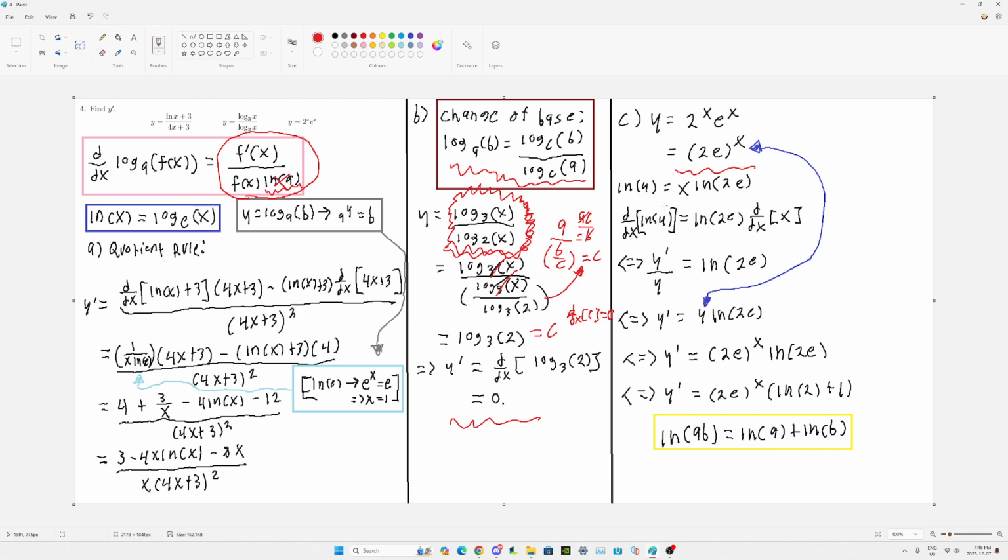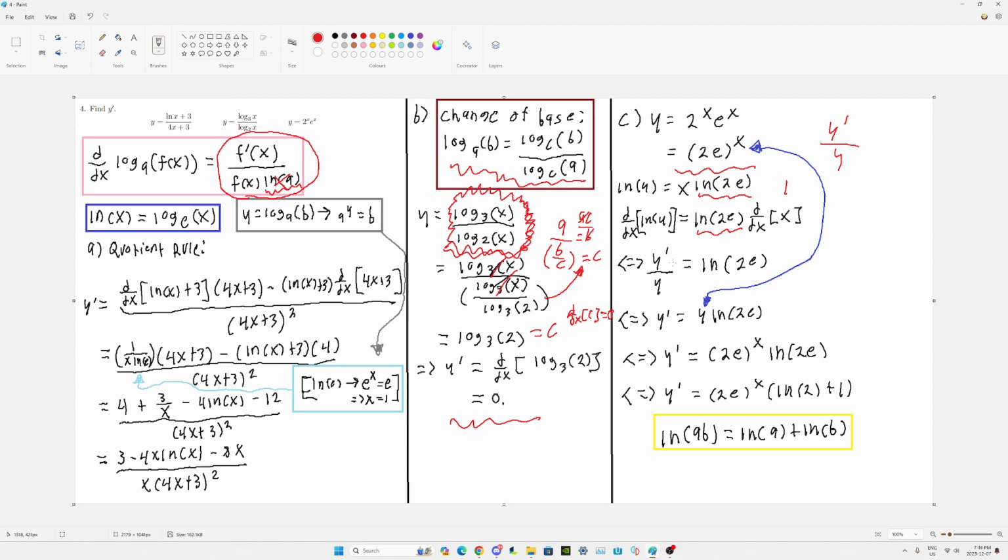If we take the derivative of both sides, we're going to factor out the constant and just get left with x. The derivative of x is just going to go to 1. Since we're taking the derivative with respect to x here, and we have a y, that's just going to leave us with a y prime.